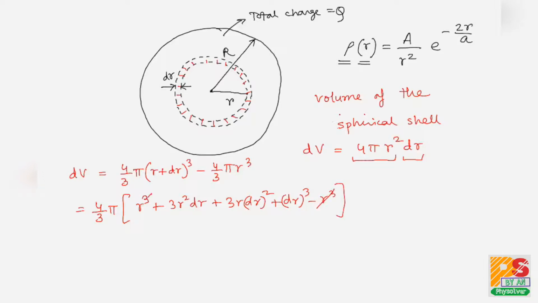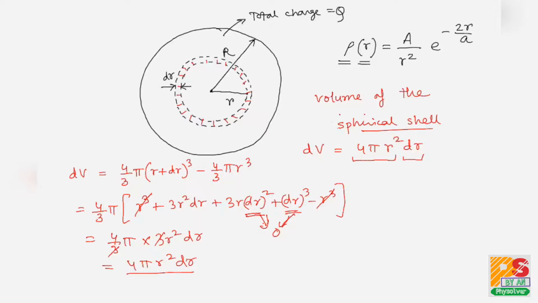So r cube will cancel out. Now we can neglect dr square and dr cube, because dr is very small. Therefore we get 4 by 3 pi into 3r square dr, which is nothing but 4 pi r square dr. You can see we get the same result. This is the volume of the spherical shell of radius r and thickness dr.